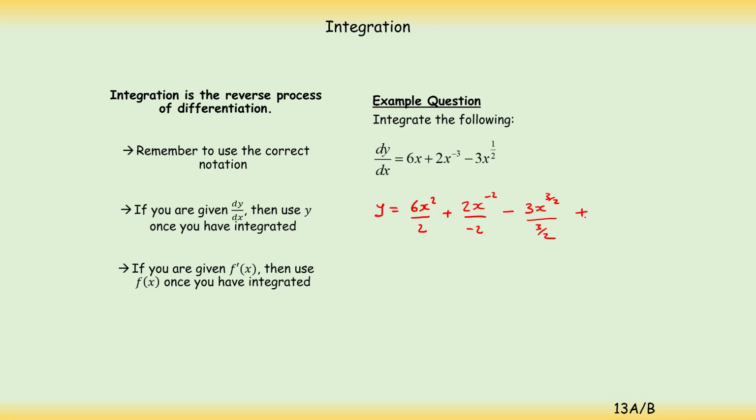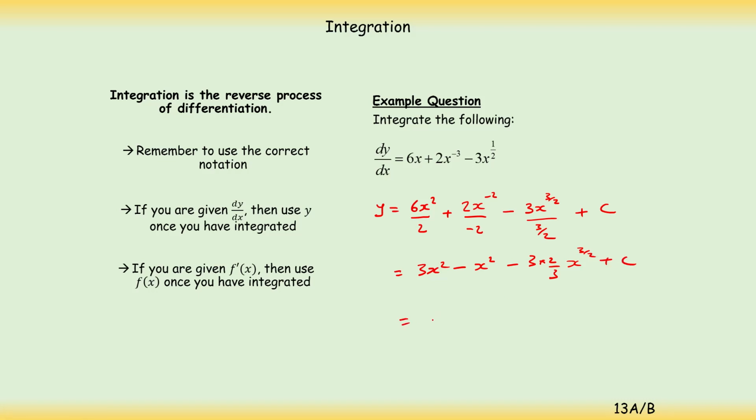And don't forget our constant term, which is equal to, so dividing, we've got 3x squared minus x squared minus, we can multiply by the reciprocal of that divisor there, so it would be minus 3 times 2 over 3 x to the power of 3 over 2 plus our constant term, which we don't know what it is.